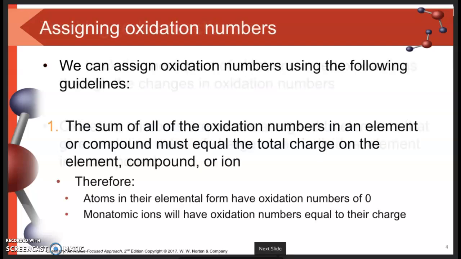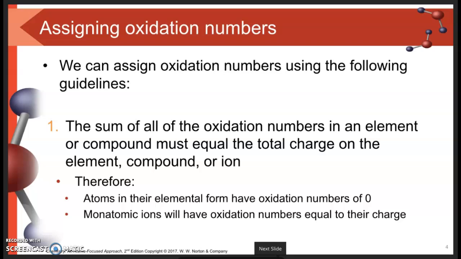Now, when it comes to assigning oxidation numbers, there are some tips and tricks that we can follow that will make things easier. One of the tips is that we have to recognize that the sum of all of the oxidation numbers in a substance has to equal the total charge of that substance.